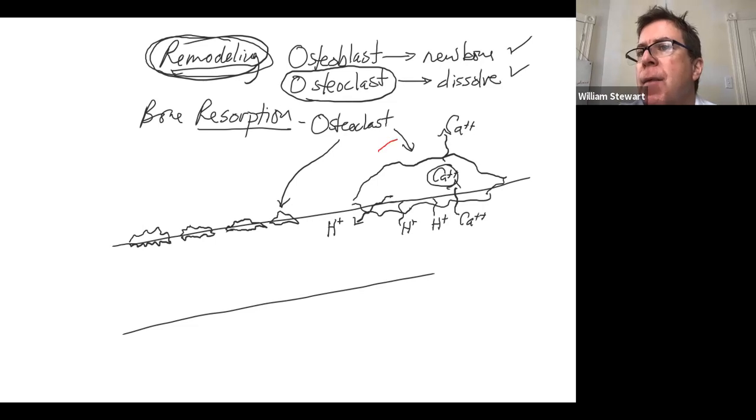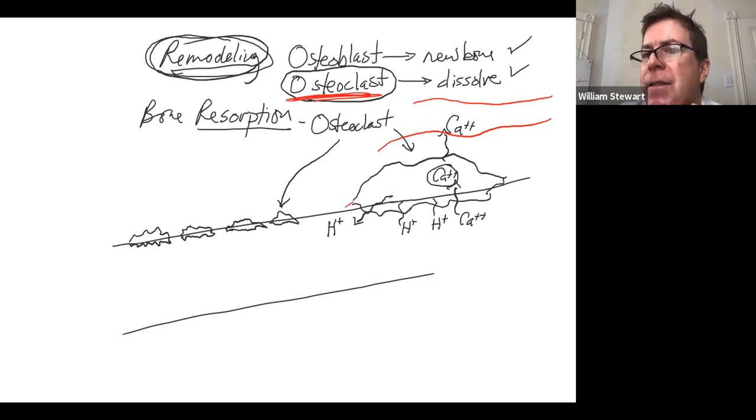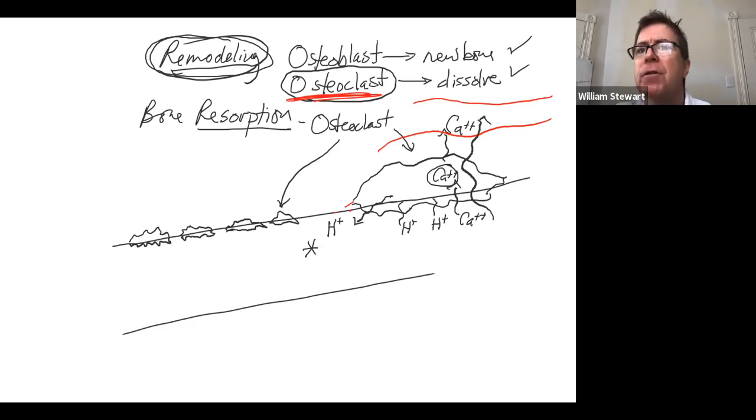Ultimately, that calcium ends up in our blood. So the whole activity of these osteoclasts is that they dissolve through digestive enzymes and acids this hard bone tissue, and the constituents from that dissolving process actually go through the cell and into our bloodstream. That's called bone resorption.